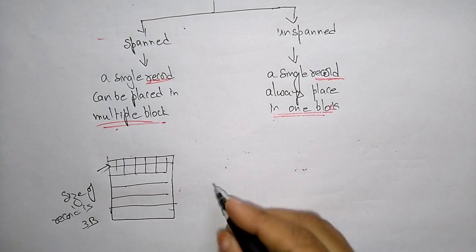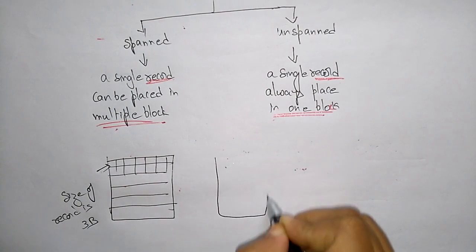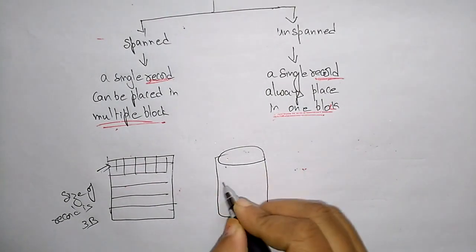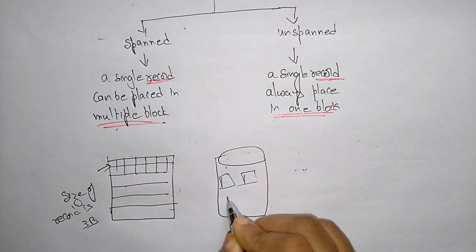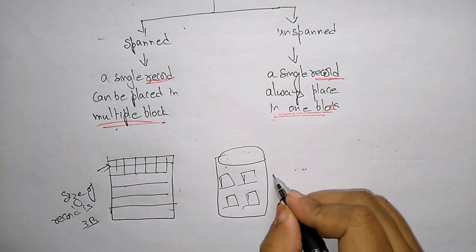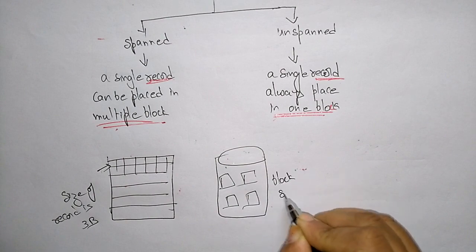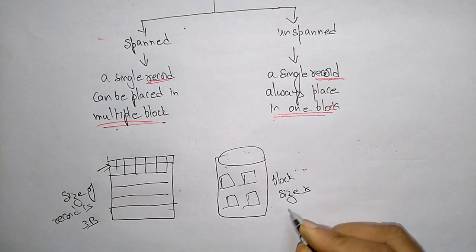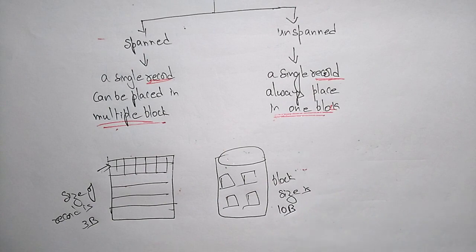Coming to the hard disk, it consists of blocks. Let us take the block size as 10 bytes. So the size of record is 3 bytes and the block size is 10 bytes.